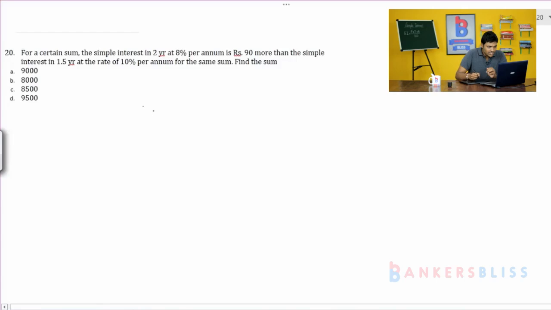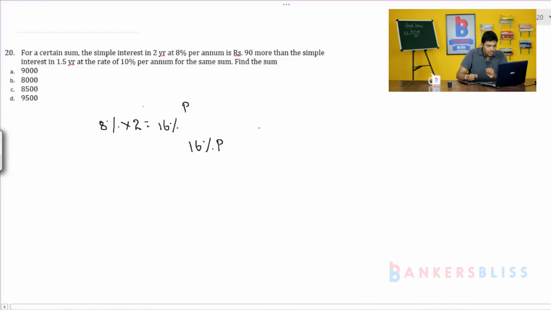Let us consider the principal amount as P. Next, 2 years at 8%, which is equal to 16%. So, 16% you are going to calculate on the principal amount.